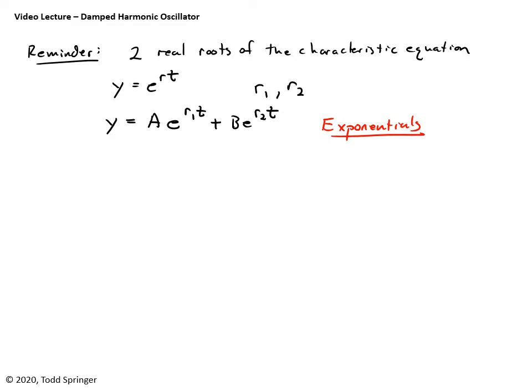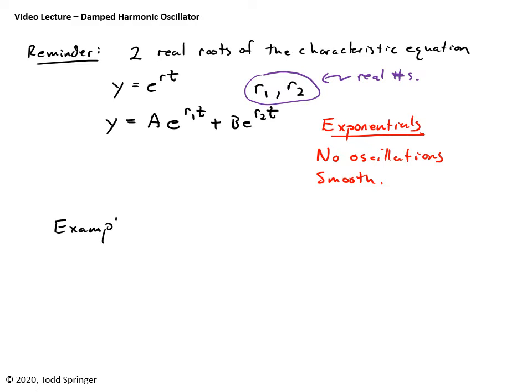Just to be clear, these are real numbers, and they're smooth. There's no oscillations here. For example, if you were to visualize this, this is just a particular example, but the idea is the same.